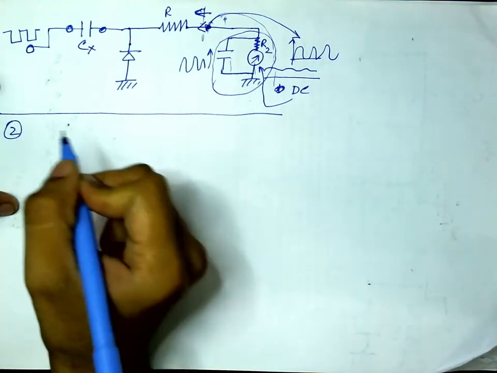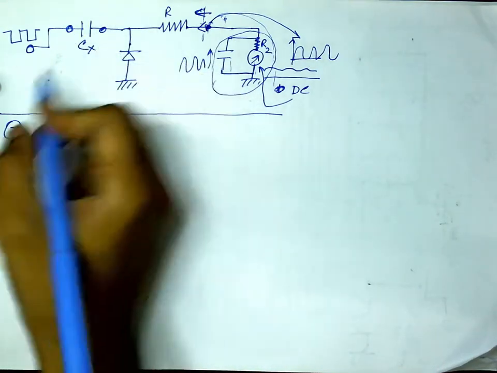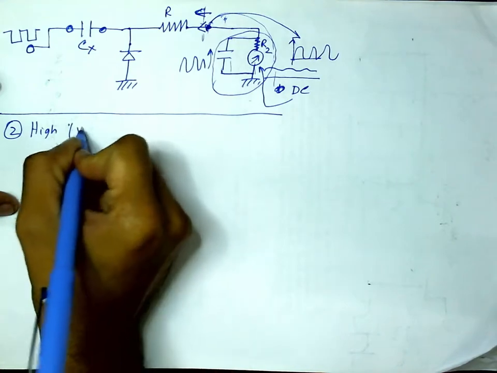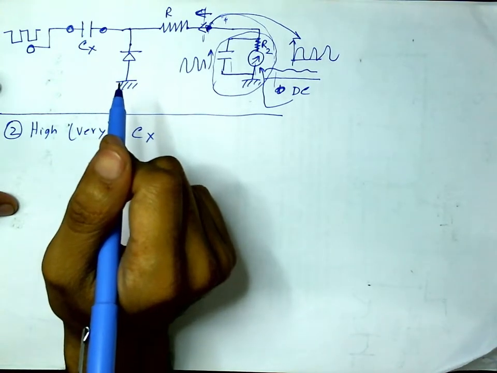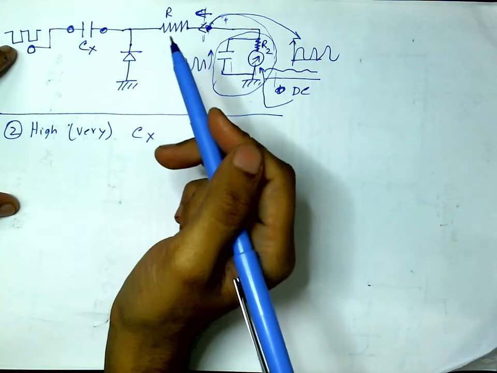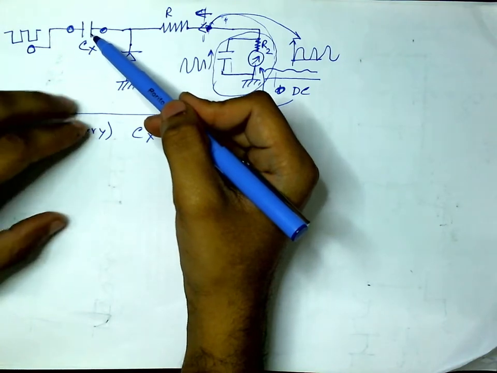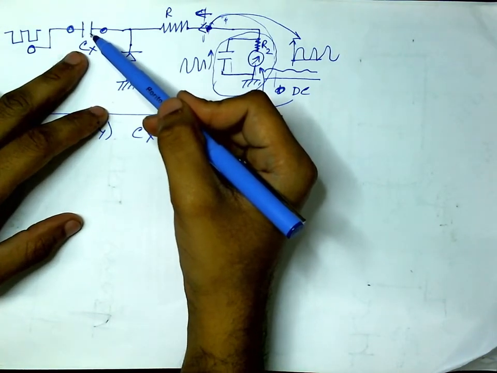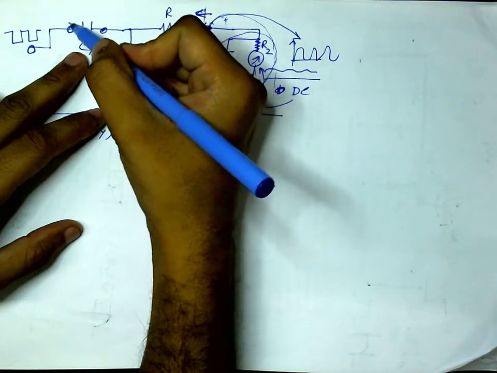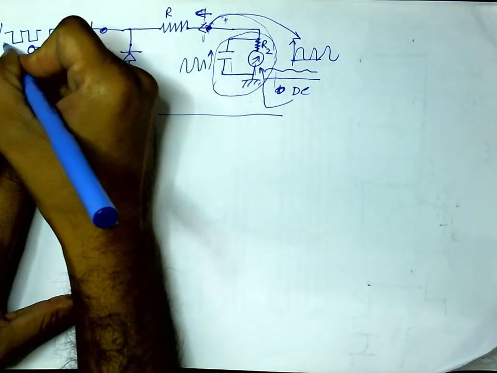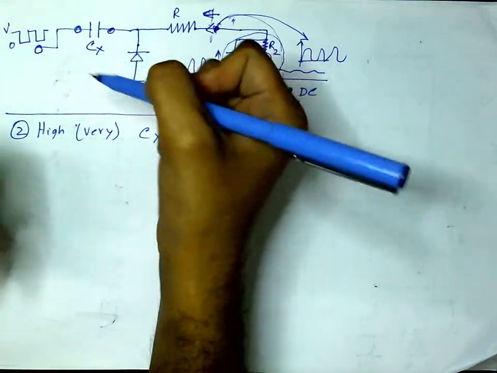Then point number two: what will happen if I want to measure a very high Cx with this scheme? The problem is that with Cx very high, it needs more charge during charging to reach the voltage difference of V, and more time.